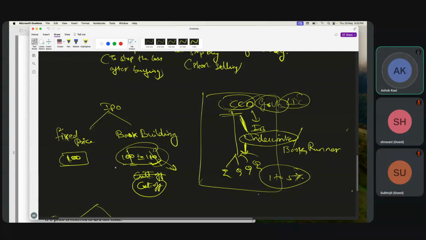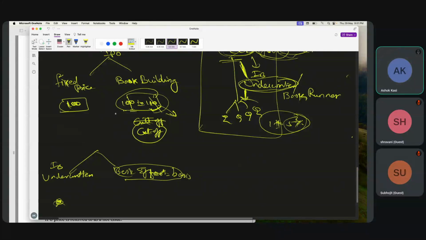Why should I pay high commission to these investment banks? So they will say, look, investment bank, you don't take up any guarantee because I have enough demand, so there is nothing to worry. This LIC or government bank will say, you just do it on best effort basis.